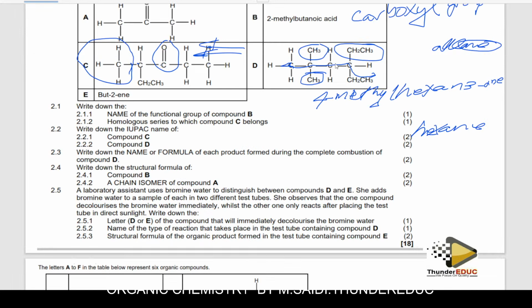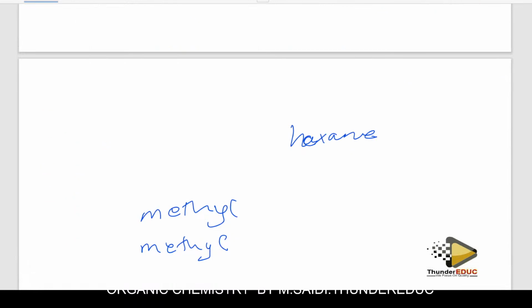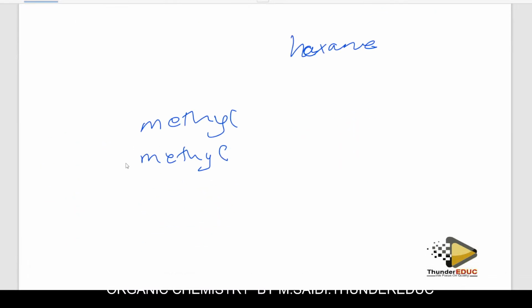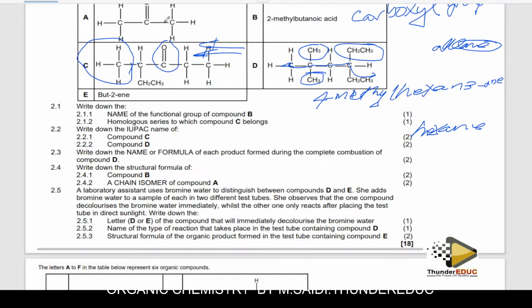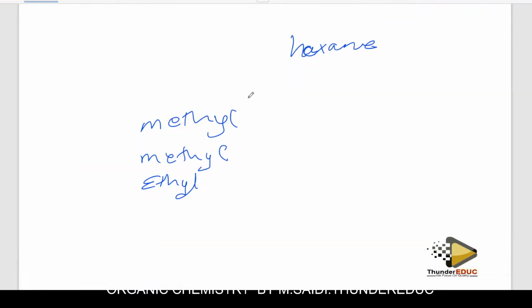Then the third side group is eth, 2 carbon atoms. So I'm going to say the third side group is eth, and I add YL. It means that the first side group is on carbon atom number 2, and carbon atom number 2. Good. So it is 2 dash.